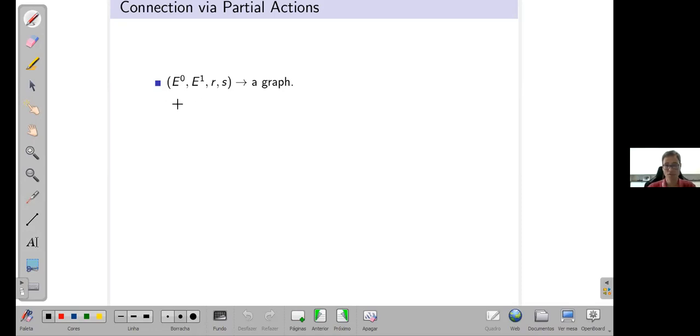So a crash course in partial actions. I'm assuming that everybody knows what the action of a group is. So I'm going to start with a group, say G is a group.